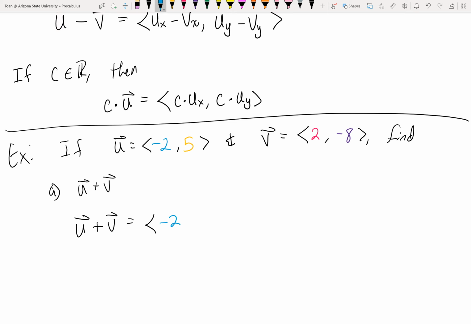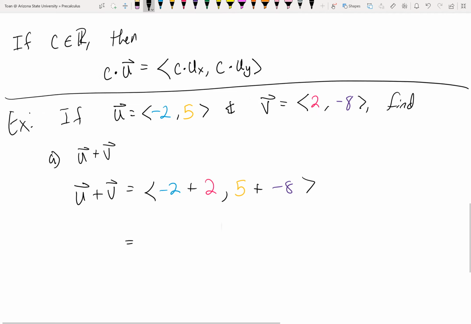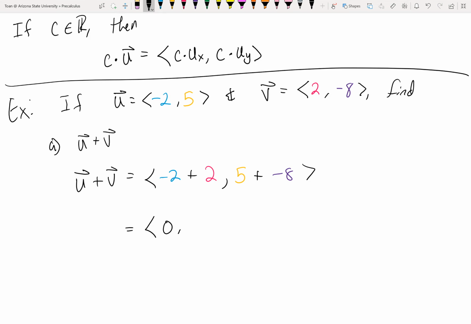So that's -2 plus 2, comma, and add the y's. 5 plus, I think I use this color, -8. That's it. That's all you really have to do. So you can see why algebraically we love component forms. It makes vectors easy. 0, -3.